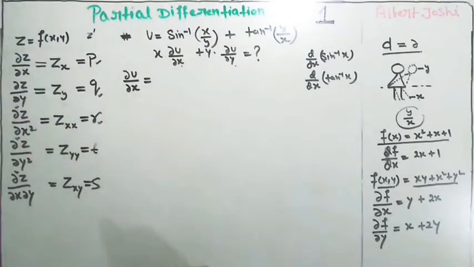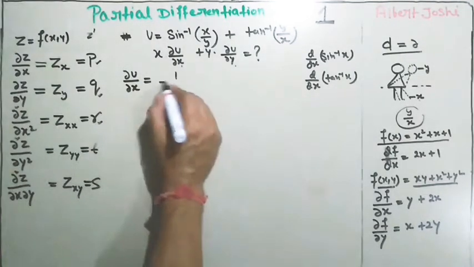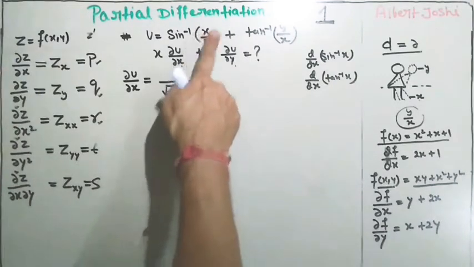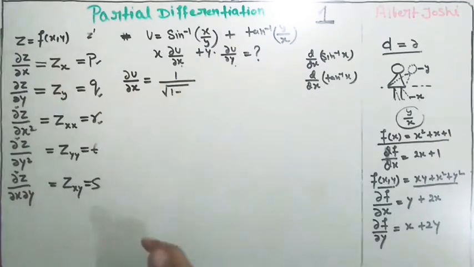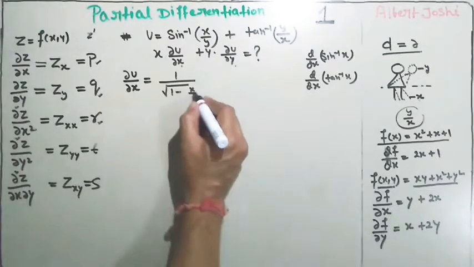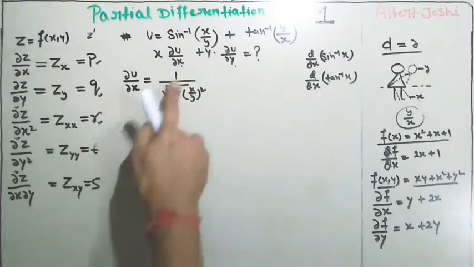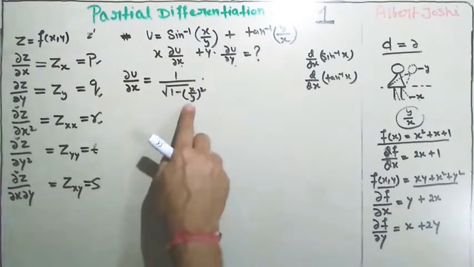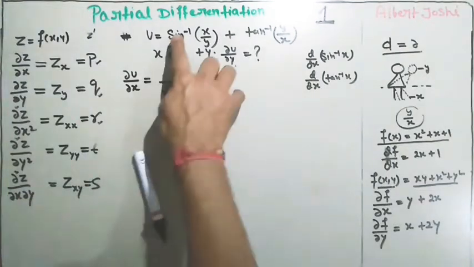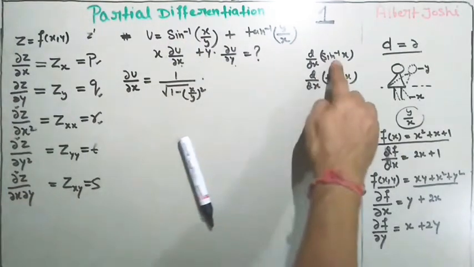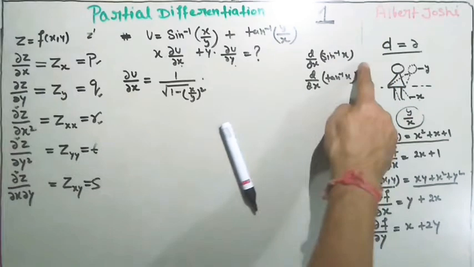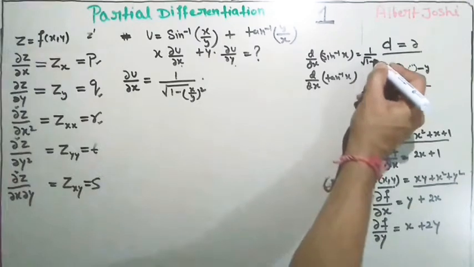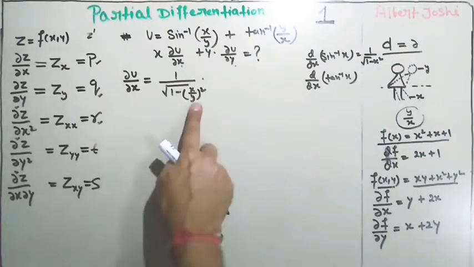So I am writing here, sine inverse x is equal to 1 upon under root 1 minus this x upon y whole square, okay, x upon y whole square, into the differentiation of this. At first, the differentiation of sine inverse x is equal to 1 upon under root 1 minus x square. Okay. So we have written this.